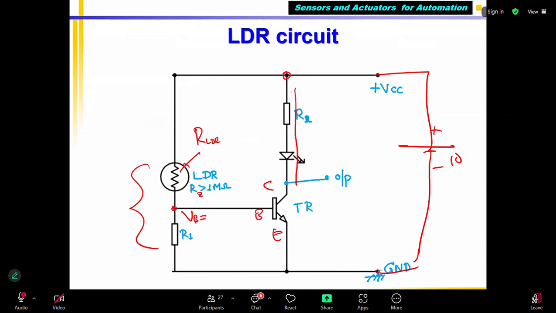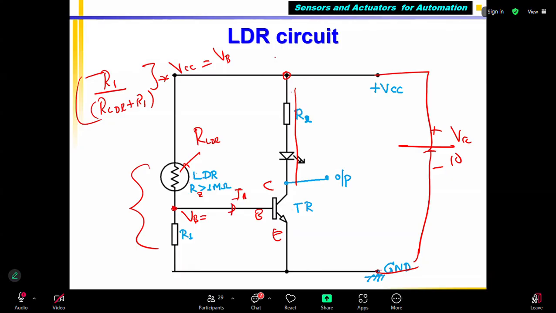So the voltage at this point is nothing but R1 divided by RLDR plus R1, the whole thing multiplied by VCC, the supply voltage. Multiplied by VCC is VB. This voltage is applied here. So now if you apply this, what is the current going to the base, IB?